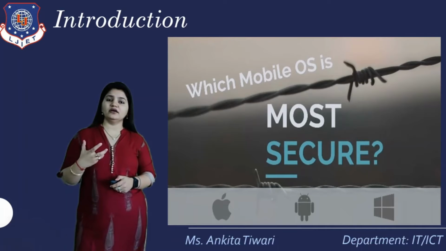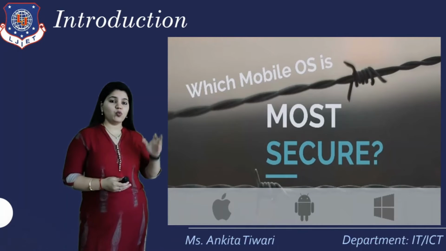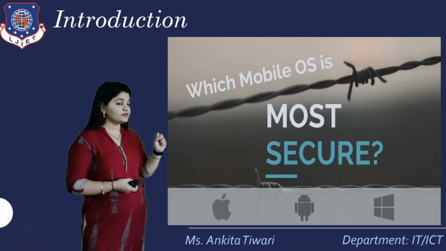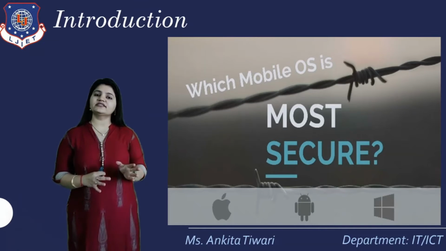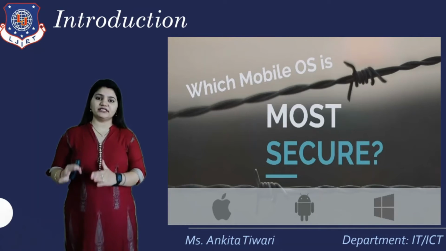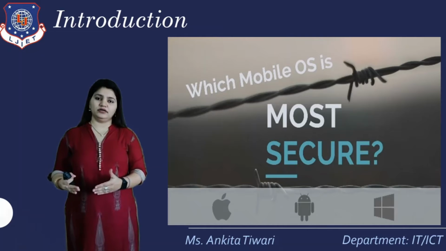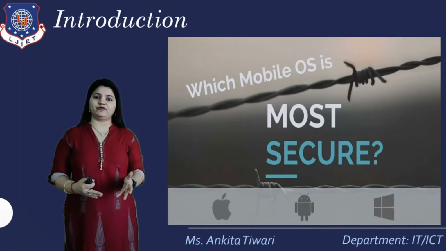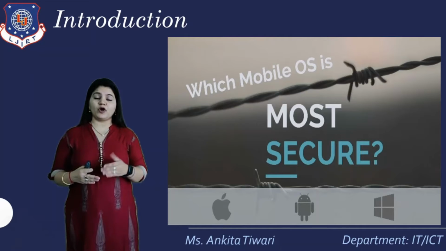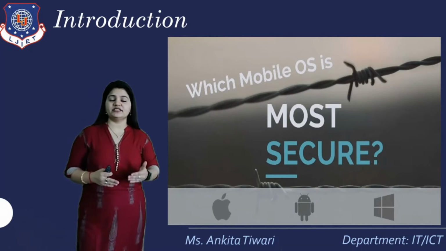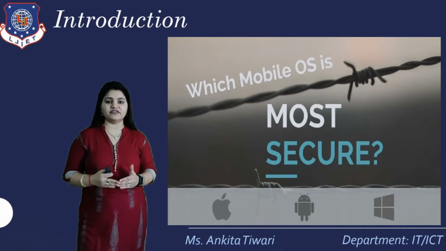Now, if I am talking about mobile, we have already discussed the different types of operating systems on desktop or laptop, what pros and cons they have, and how they provide security and privacy features.